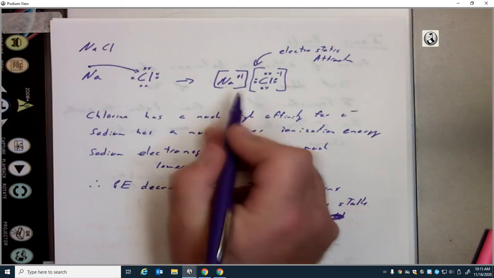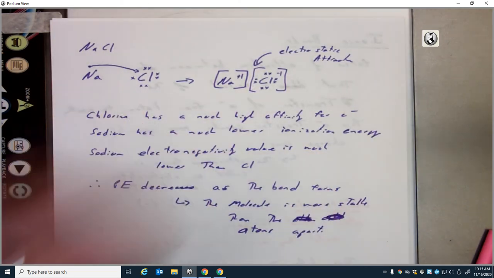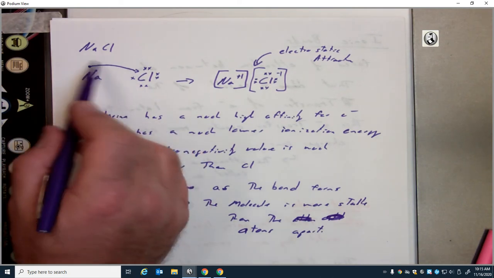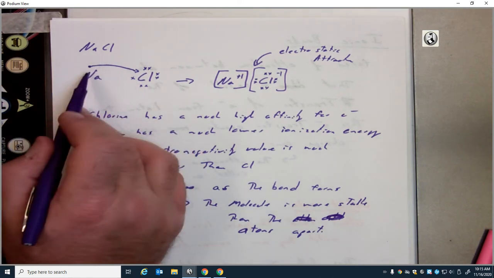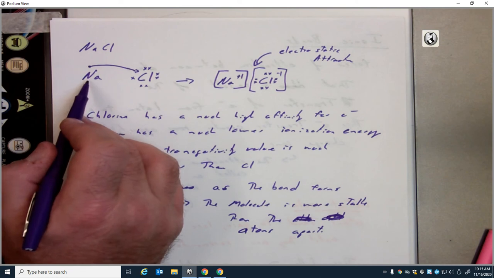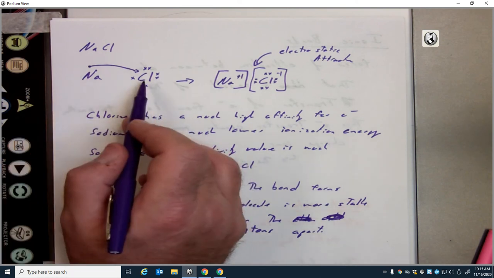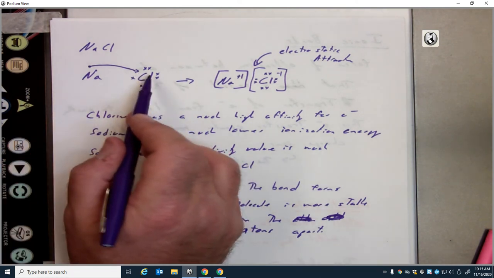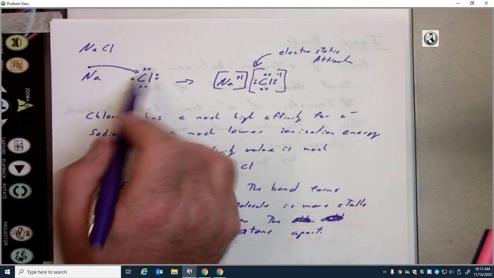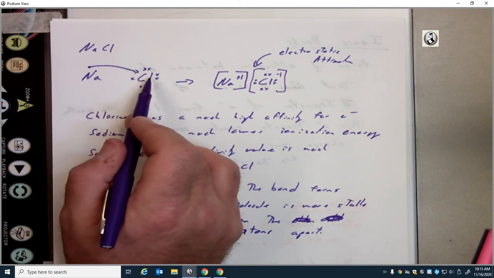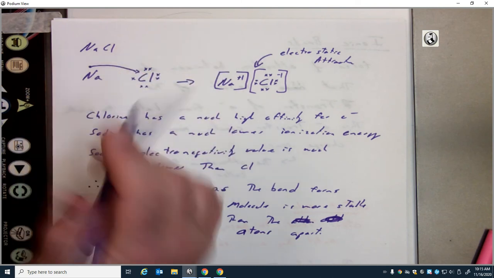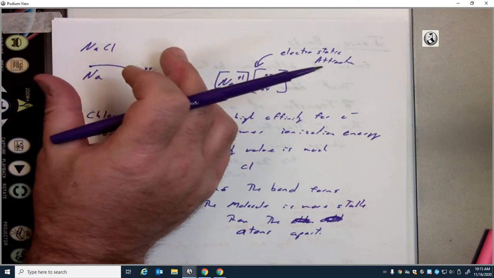So together, these atoms are much more stable than if they were apart. Right? So apart, it doesn't want this one electron. It wants to get rid of it. It's not stable. It'll be more stable with 8 valence electrons. Chlorine is the same thing. It wants that electron. It's going to gain that electron, okay, to become more stable. So together, they are much more stable than they are apart.